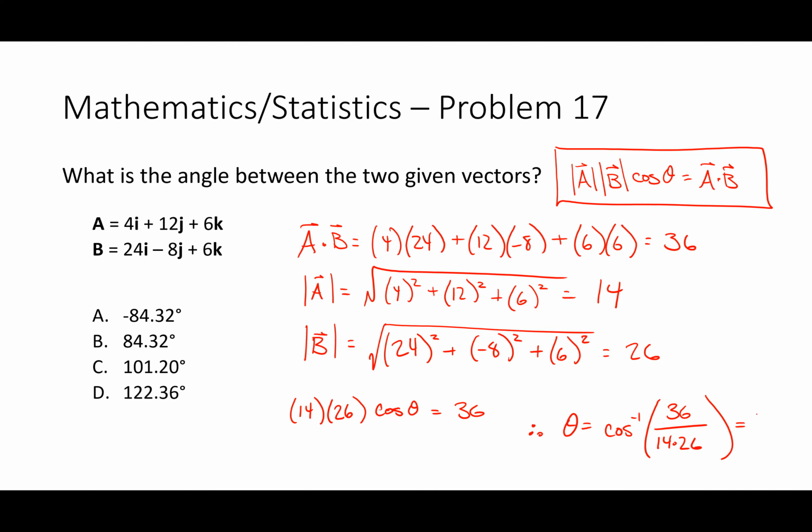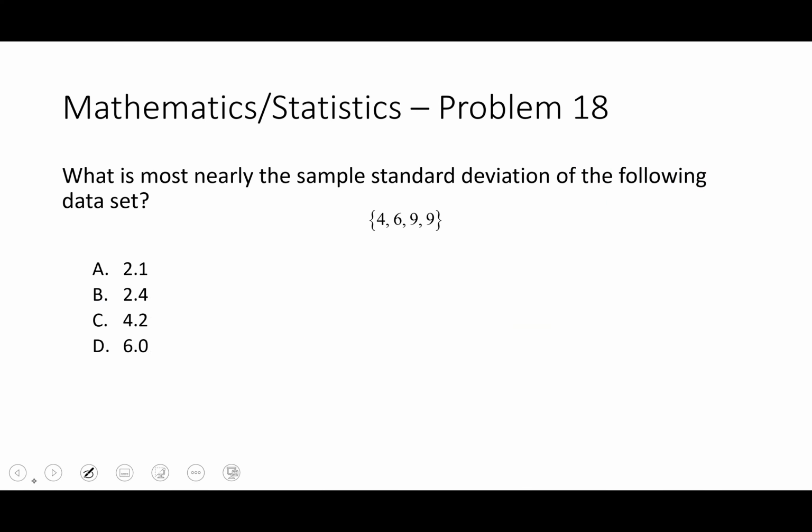When you chug that out, you end up getting about 84.32 degrees. So that's B. I'm sure this is probably a lot faster than what we do in class, but that's the beauty of YouTube. You can always just pause and review. Okay. Last topic is the wonderful world of statistics.